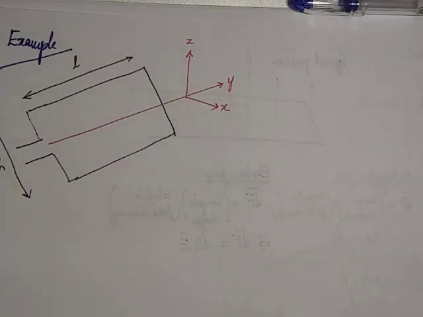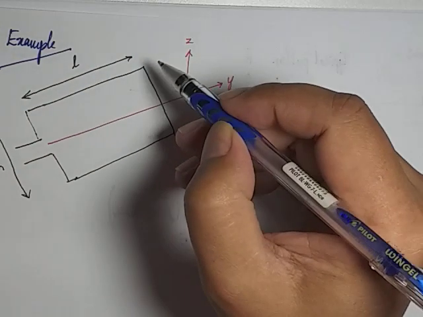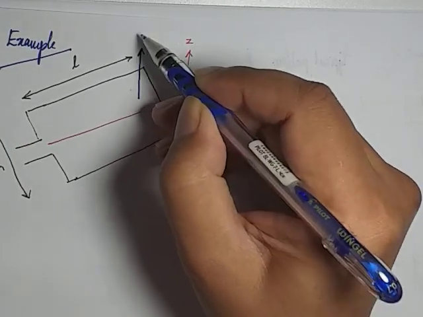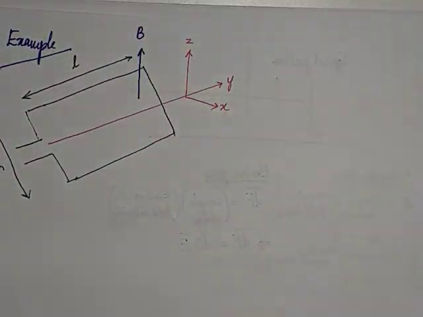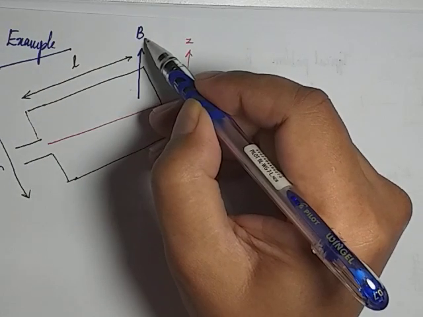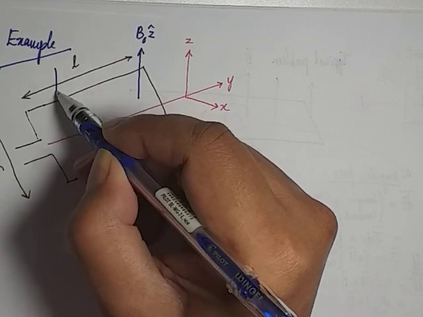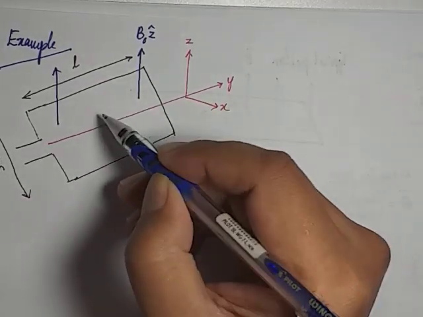Now, to make this problem a motional EMF problem, what do we need to introduce? We need to introduce a magnetic field density B. But since this B is constant with respect to time, I'm going to make it B naught. So this is your B.